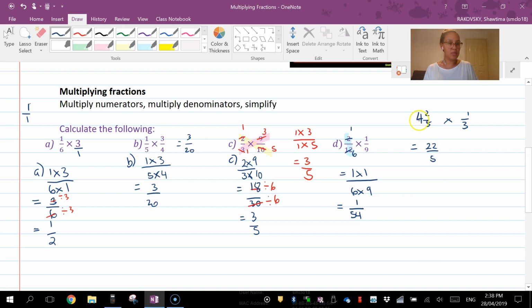Remember, as I reminded you with the conversions, multiply those two together and add the numerator. Then times 1/3 gives 22 over 15. I cannot simplify any further, but I can write it as 1, and how many left over? We've got 7/15. So that's my answer there.